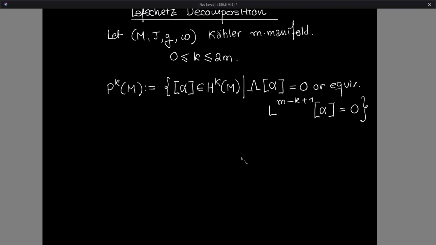So you can think of the primitive cohomology classes as these kind of prime factors of each of the de Rham cohomology classes, and we'll see exactly how this works using the Lefschetz decomposition.